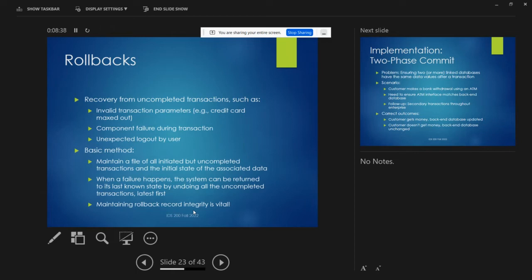And if they're all isolated, then you know that everything will be okay. If there's concurrent access, then things can get a little weirder. Then it's very important that you do them sequentially and carefully. But again, if they're all isolated, you know that any transaction that's still in progress is not going to interact with any other transactions. So you just fix that. And obviously, maintaining rollback record integrity is vital.